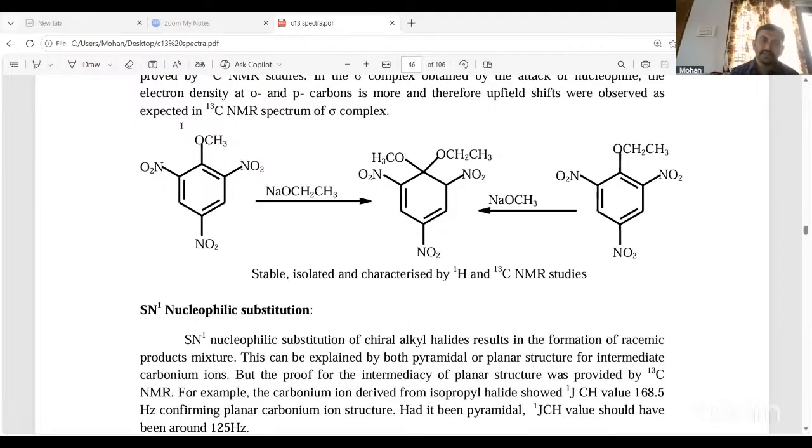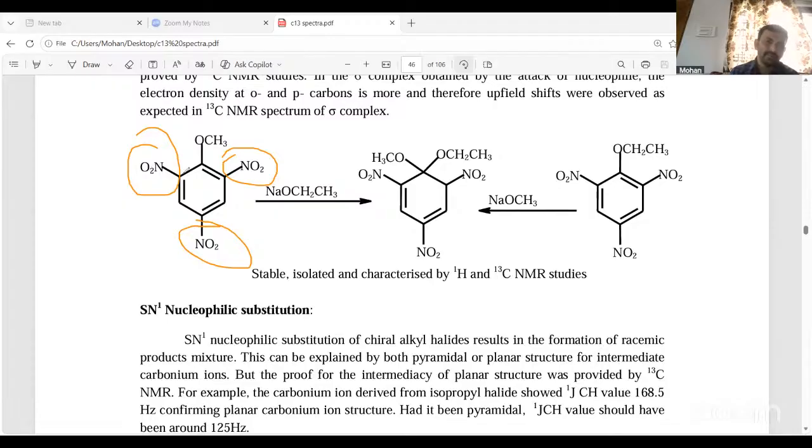But when we provide some special conditions, nucleophilic substitution will take place on benzene. What is that special condition? We attach electron withdrawing groups, multiple nitro groups. The nitro group has a minus mesomeric effect, so it is an electron withdrawing group.